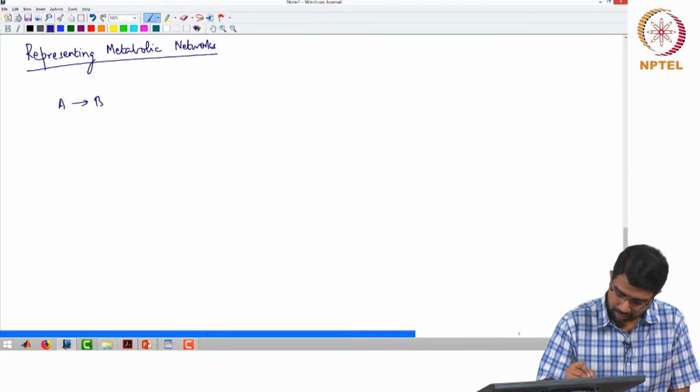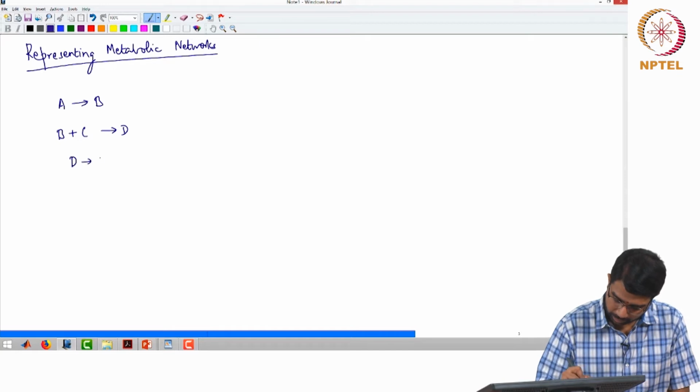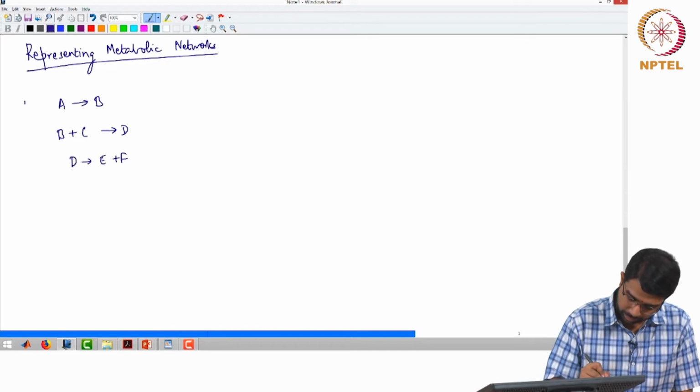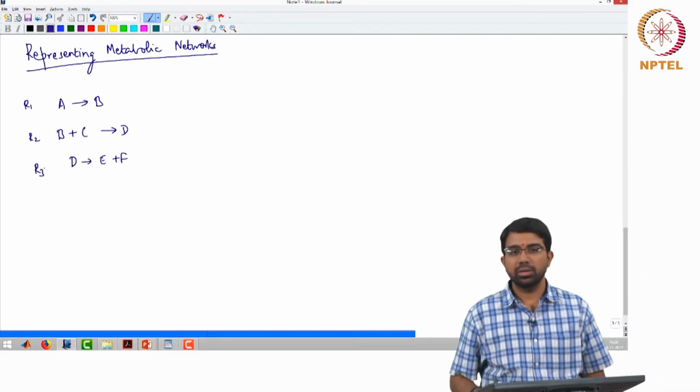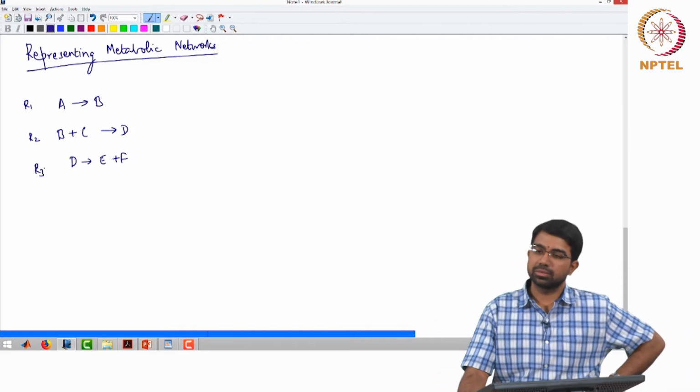So, this is your network. How would you represent this as a graph?